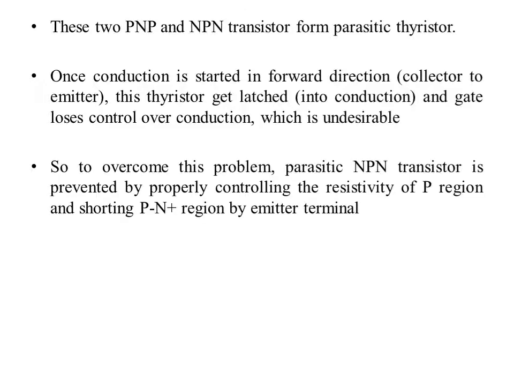So in order to overcome such problems, the parasitic NPN transistor is prevented by properly controlling the resistance of the P region and shorting the P-N plus region by the emitter terminal.